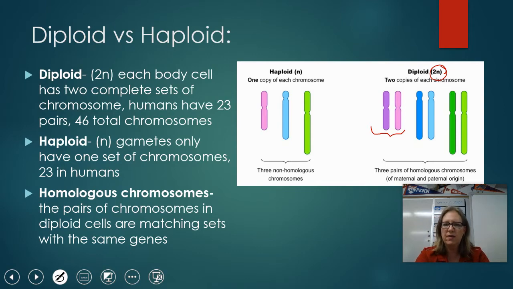Whatever genes are found on those chromosomes would be found on both of those chromosomes. So you still have all the chromosomes represented with just that single set in the haploid cells. It's just that homologous pairing is kind of a duplicate set. That will come into play when we actually start talking about genetics next chapter, okay?